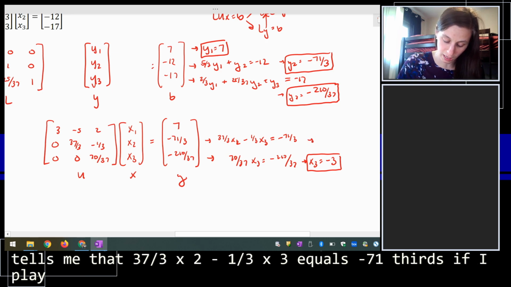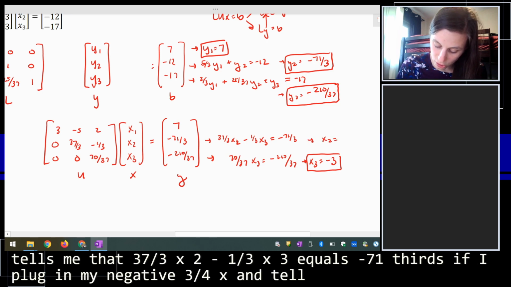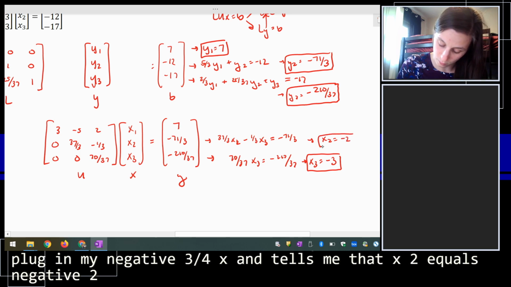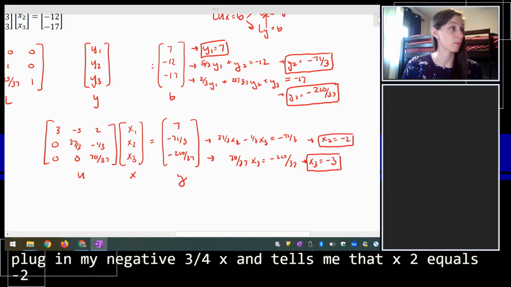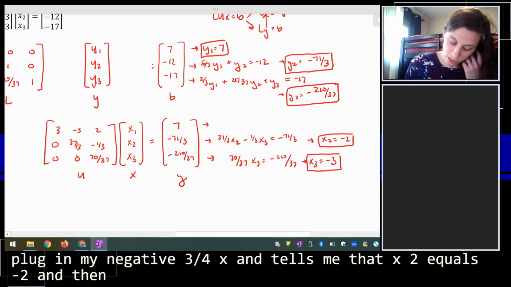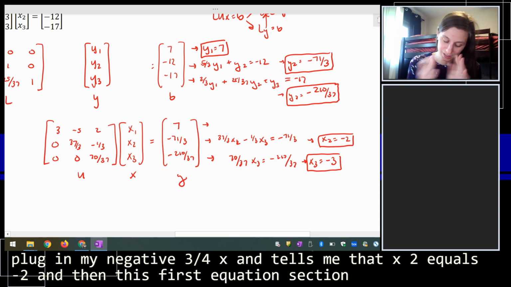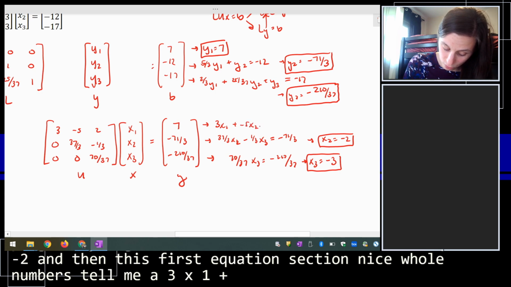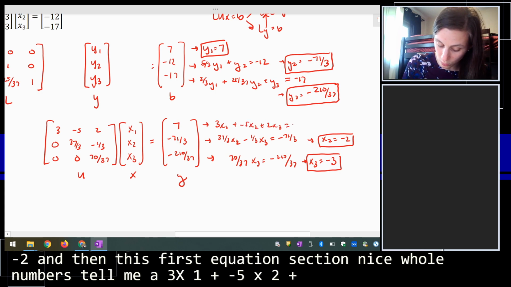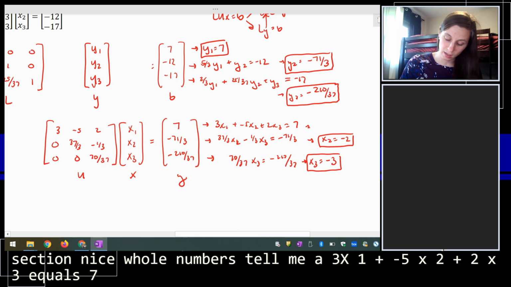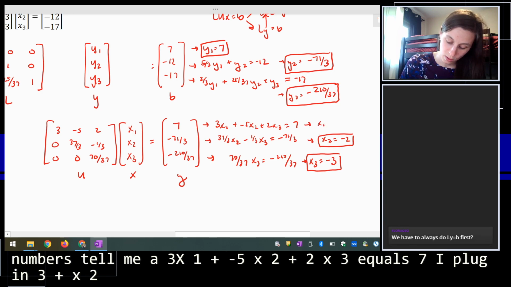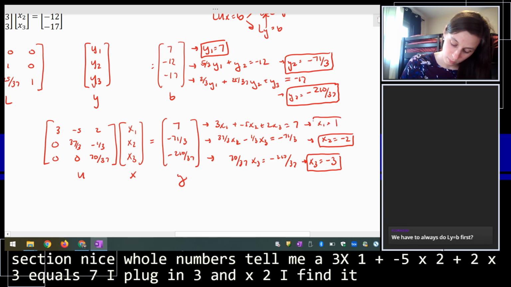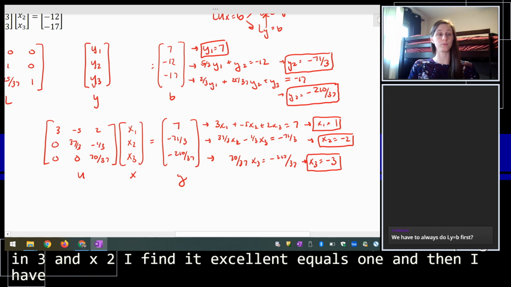If I plug in my negative 3 for X3, it tells me that X2 equals negative 2. And then this first equation, such nice whole numbers, tells me that 3x1 plus negative 5x2 plus 2x3 equals 7. If I plug in x3 and x2, I find that x1 equals 1. And there we go. I have my solution.